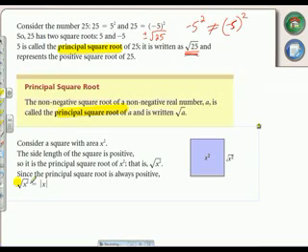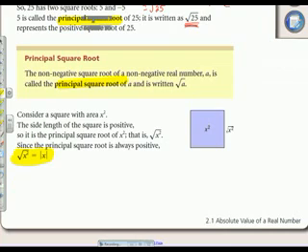Or in other words, the principal square root is the positive answer, the absolute value. Squaring and square rooting cancel each other off, leaving us just with x, but we want to say, hey, I've got the positive version of that. Absolute value does that for us.